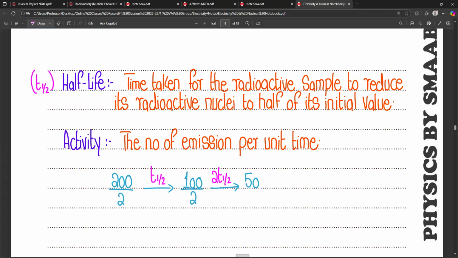Now the concept is, what type of questions do we have related to half-life, and how do we identify that concept. There are different detectors available in laboratories. In front of that detector you can place a radioactive element, and it will give you a reading.